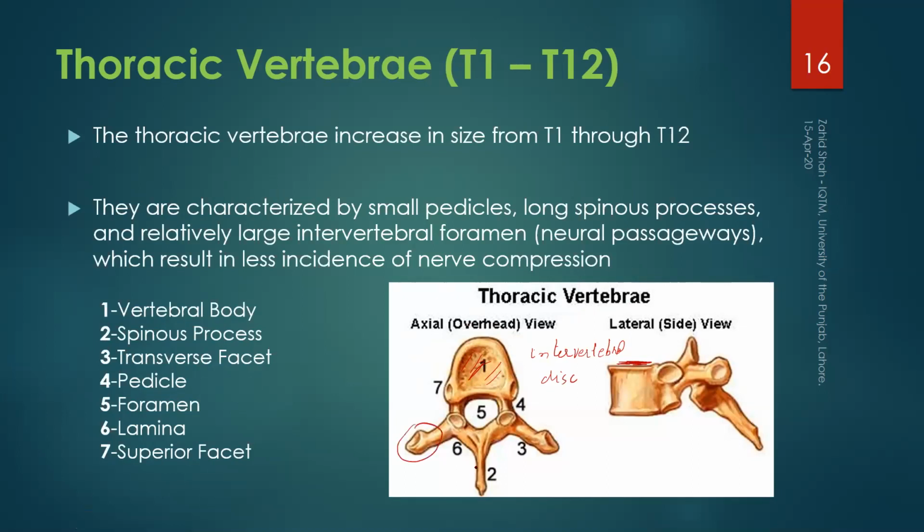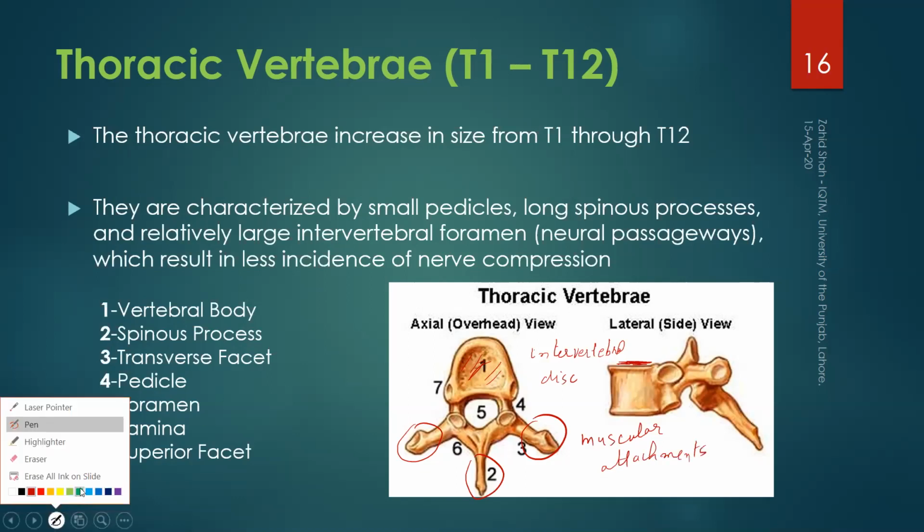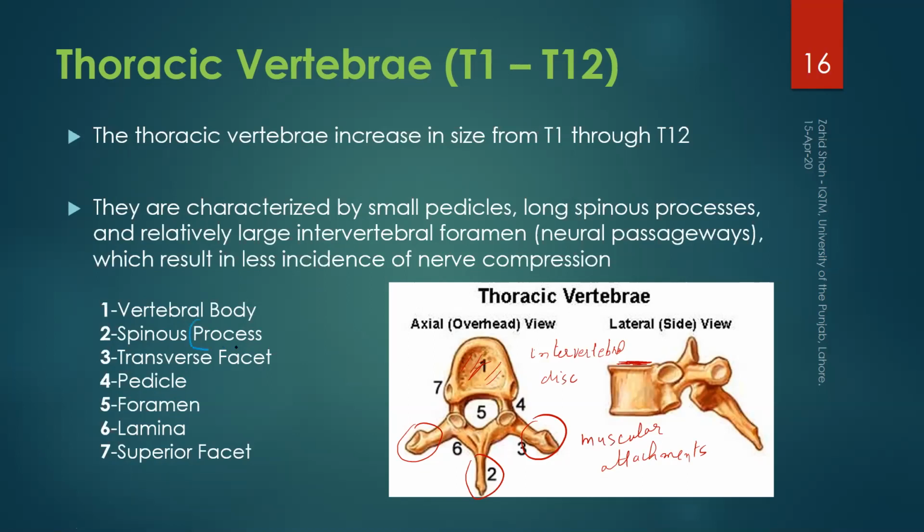And there are some projections you can see. They are used for muscular attachments. These projections are also called processes. And then there is a hole numbered as 5, that is called foramen. The spinal cord actually passes through this hole.